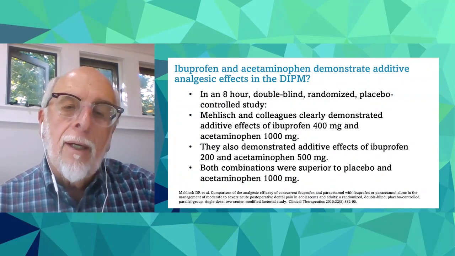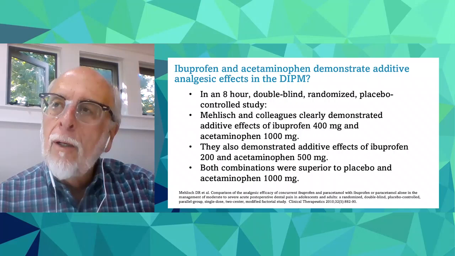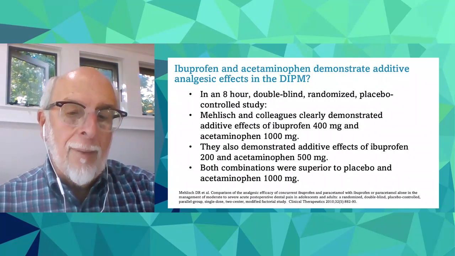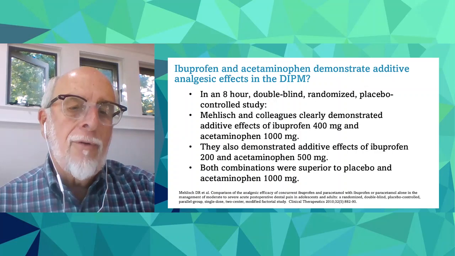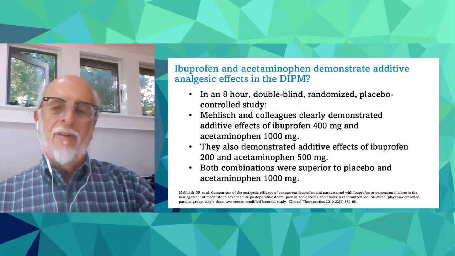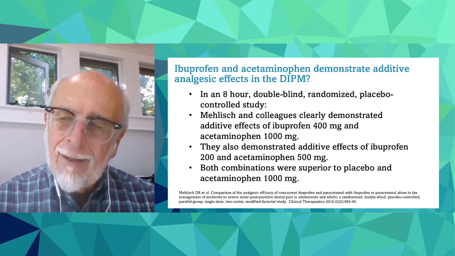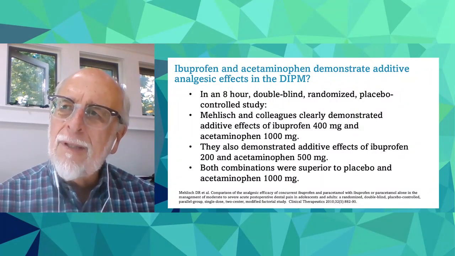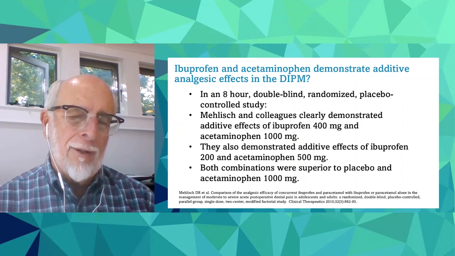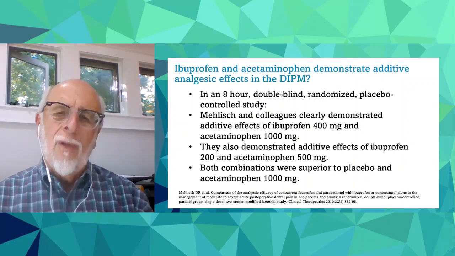Early in the 2000s, a colleague had demonstrated that if you consumed ibuprofen and acetaminophen together, they had an additive effect. This was somewhat of a radical, unusual finding that no one had really thought about, combining these two.